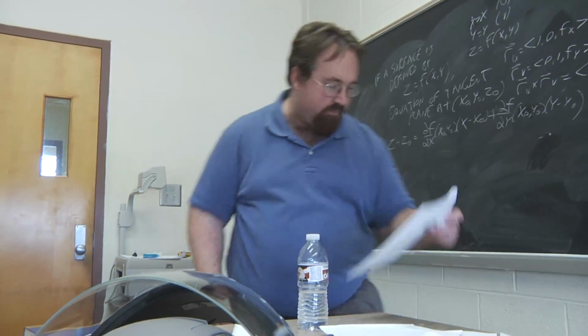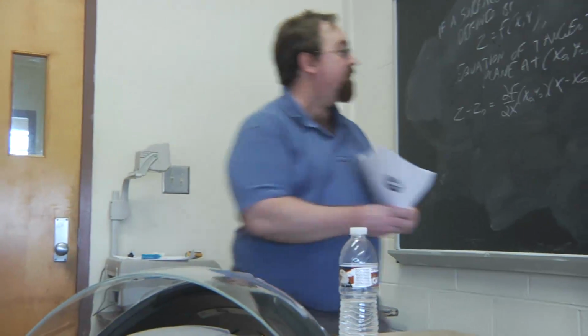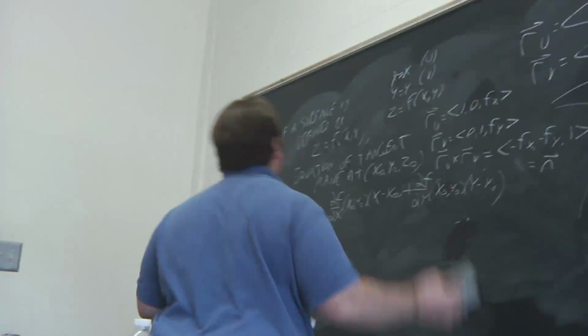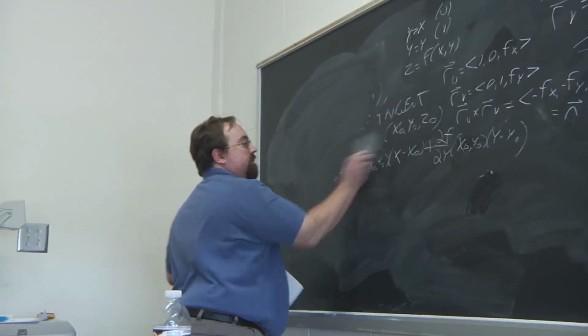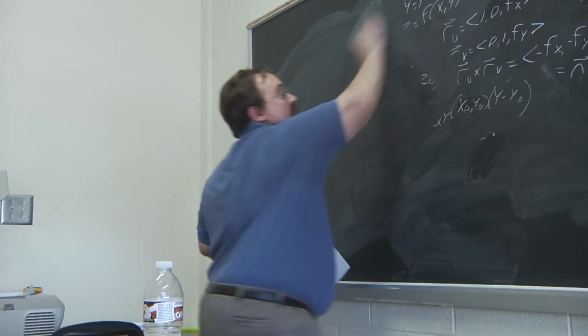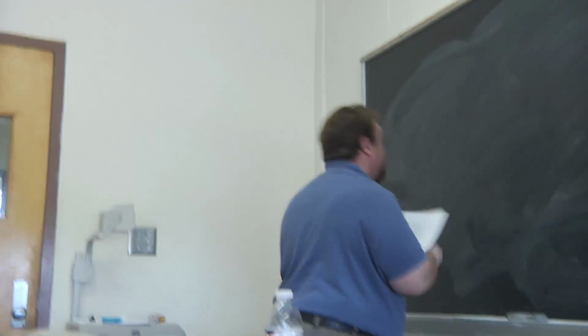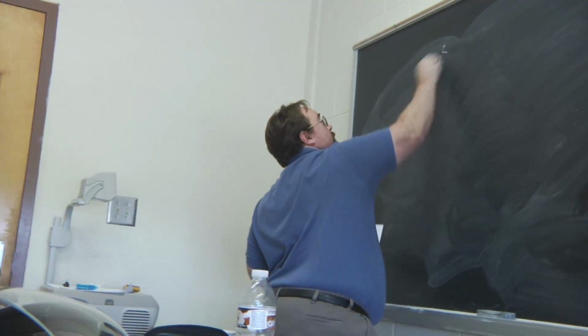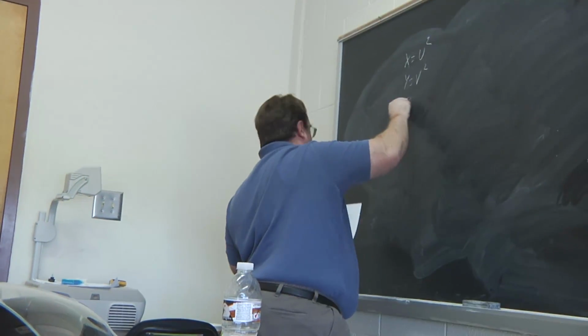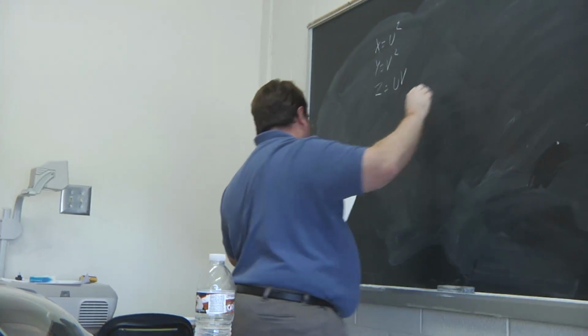And then you can get the equation of a plane in the usual way. All right. So, for instance, suppose we have these parametric equations: x is u squared, y is equal to v squared, z is equal to u times v.